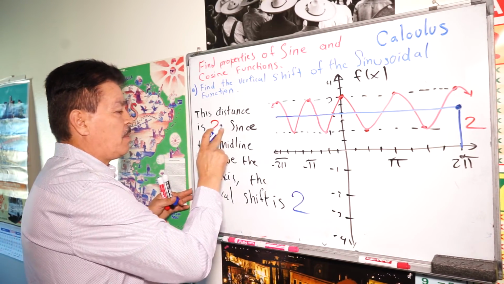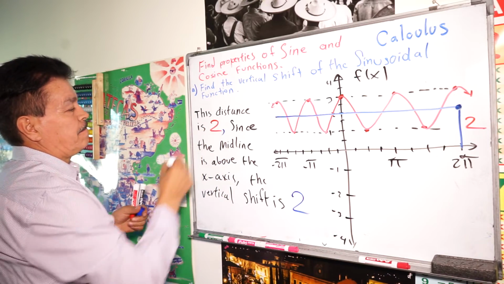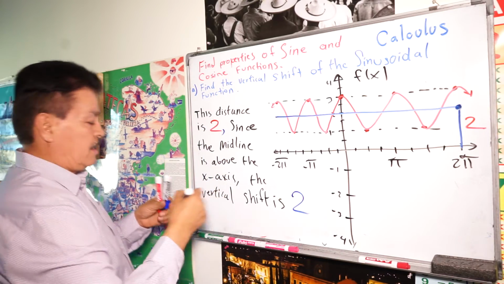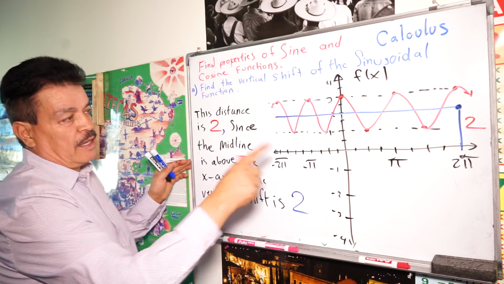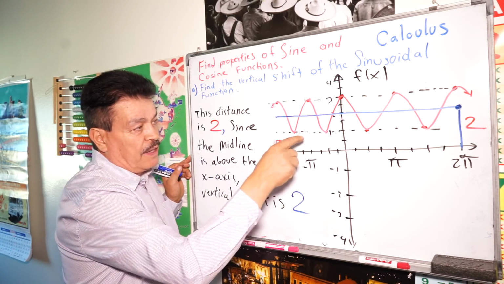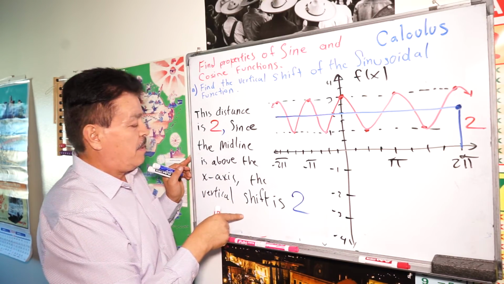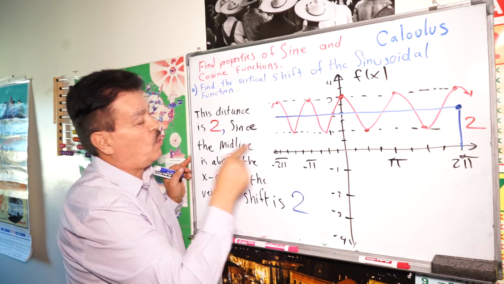It's very simple. That's the answer. The graph shows us that the vertical shift is 2.